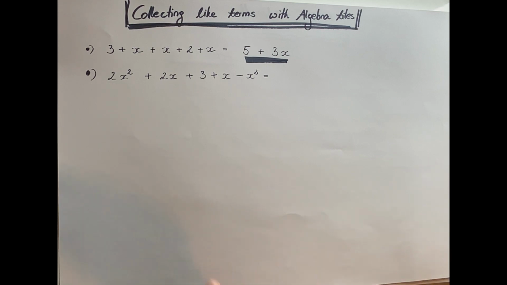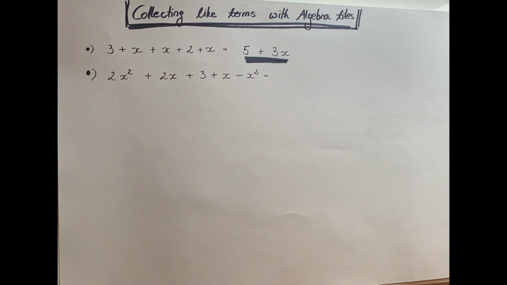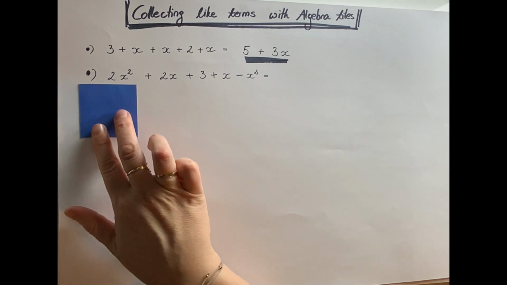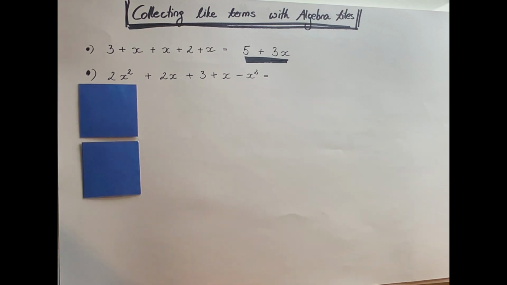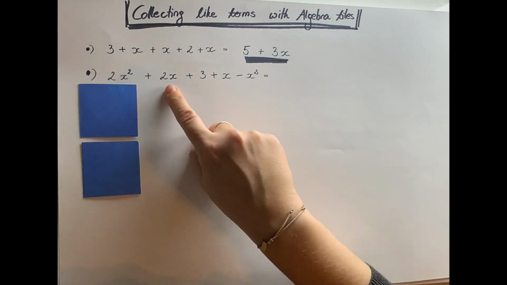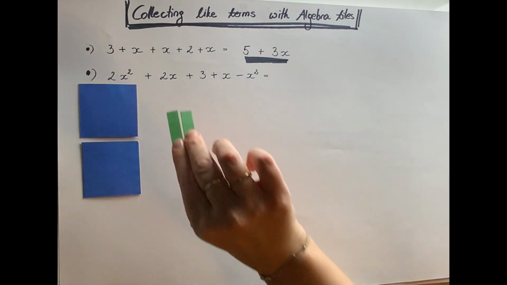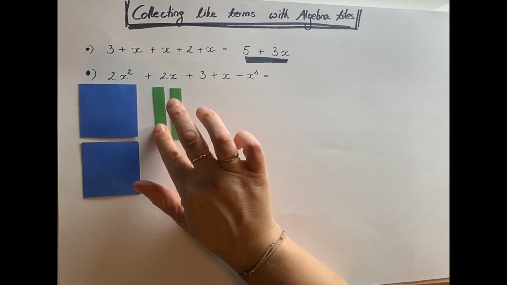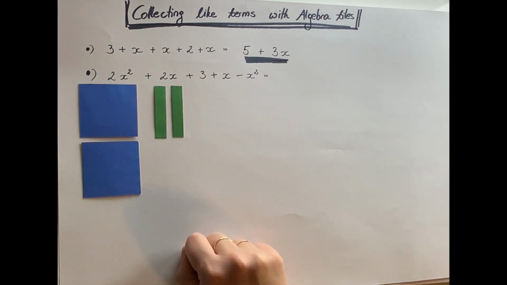The first thing we have here is 2x squared. 2x squared looks like this. 1x squared and another x squared. That's 2x squared. Then we would like to have 2x. 2x looks like this. 1x and another x here.